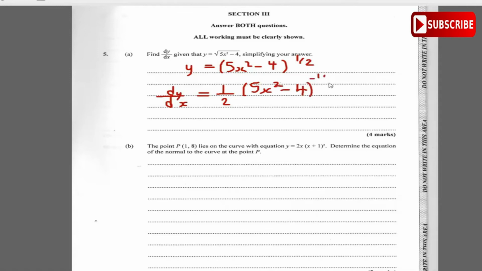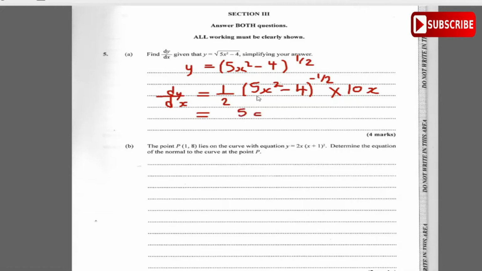And then you multiply it by the differential inside the bracket. The derivative of 5x squared is 10x. And that's that. So now you can actually find what is dy by dx. dy by dx is equal to, now, a half of this times 10x. Well, a half times 10x is 5x.